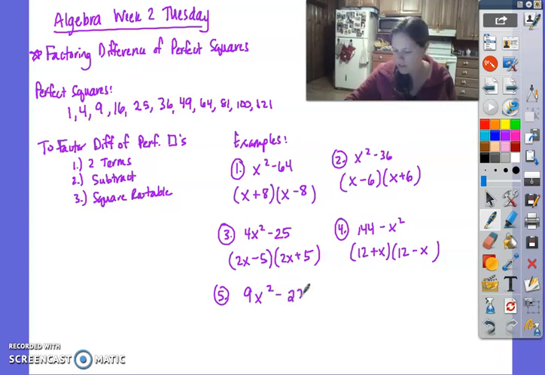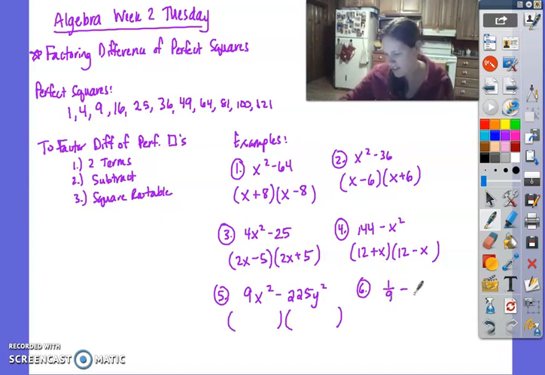All right, let's do just another: 9x squared minus 225y squared. See if you can take a guess on what those two factors will be. And then just to scare you a little bit, because, you know, we're not there in person, so I can't see your reaction to fractions, so I'm just going to imagine it. What if I have a fraction and a higher exponent? Actually, let's not do a 4. Let's do, oh, blue circle of doom, I should have known better.